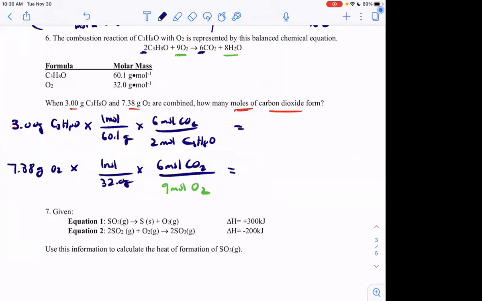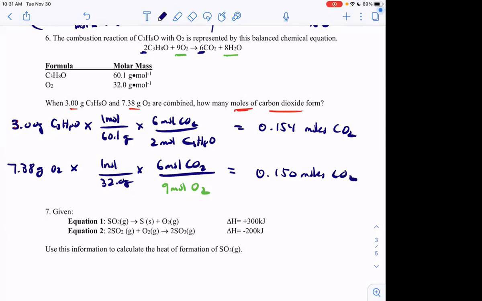And I've got these numbers calculated, so we get 0.154 up here. And down here we get 0.150 moles of CO2.